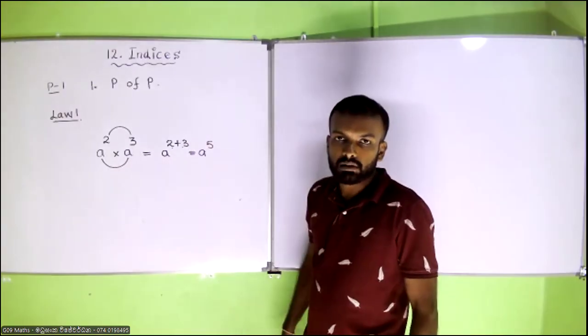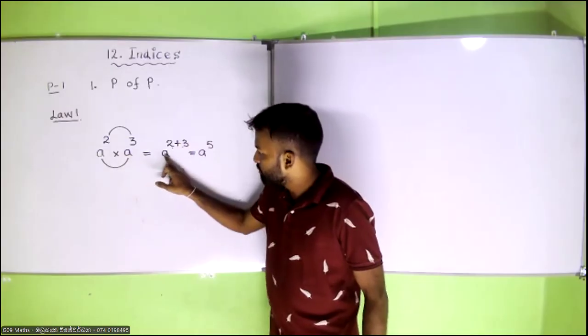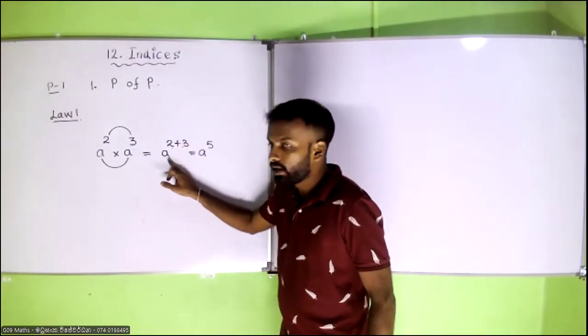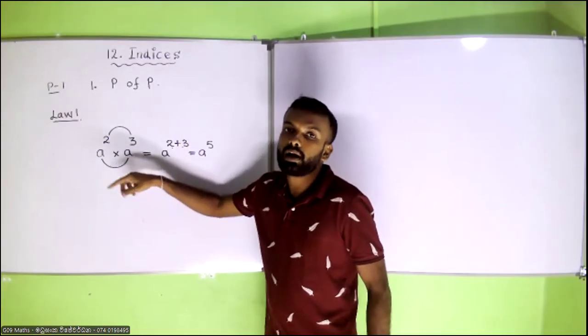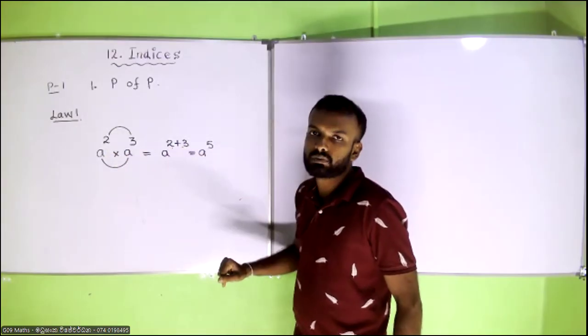What is wrong? Even in grade 10, 11, they make the same mistake, multiplying 2 by 3 to get 6. Totally wrong. Bases are same, so indices can be added: 2 plus 3, a to the power 5.